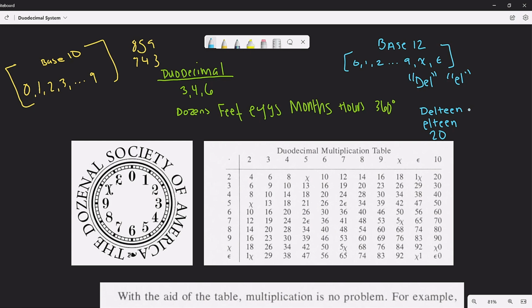You can go through all of the numbers again, and you get, let's say, 20 del and 20 el, and then finally you're at 30. And so you can see how this might be very confusing when you are attempting to do multiplication or division.